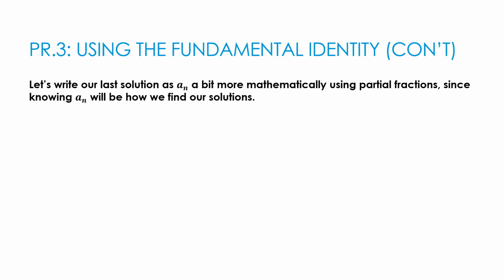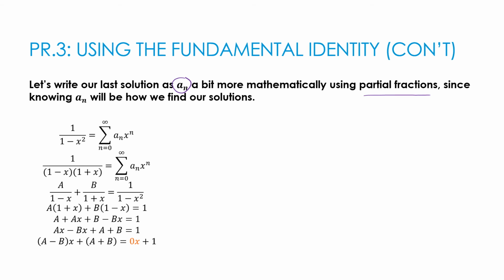Now, before looking at any of the other identities, I want to look at this last one a bit more closely, because I want to look at my solution of using partial fractions, since that's how essentially we're going to be able to find our solutions once we actually solve one of these. So hopefully you remember partial fractions from calculus or Calc 2 or any of the other classes you might have learned partial fractions in.